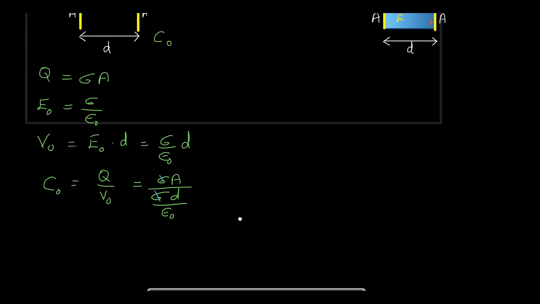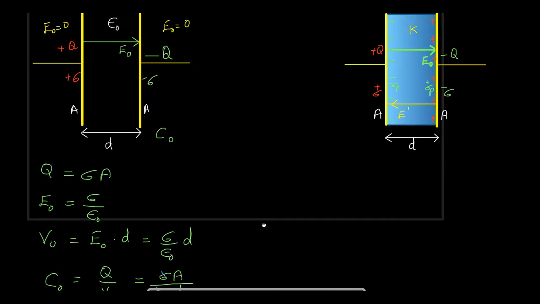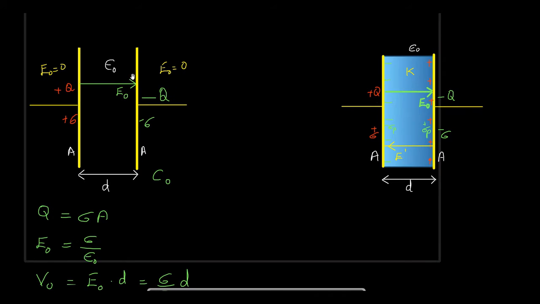Hence, C0 equal to epsilon naught A by d, which is the capacitance of the parallel plate capacitor having plate area A each, plates separated by d distance apart, and free space or vacuum medium between the two plates.